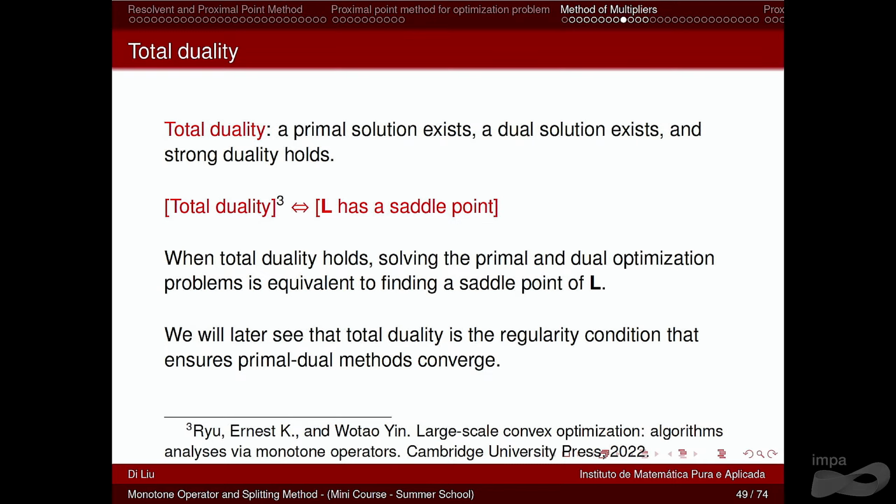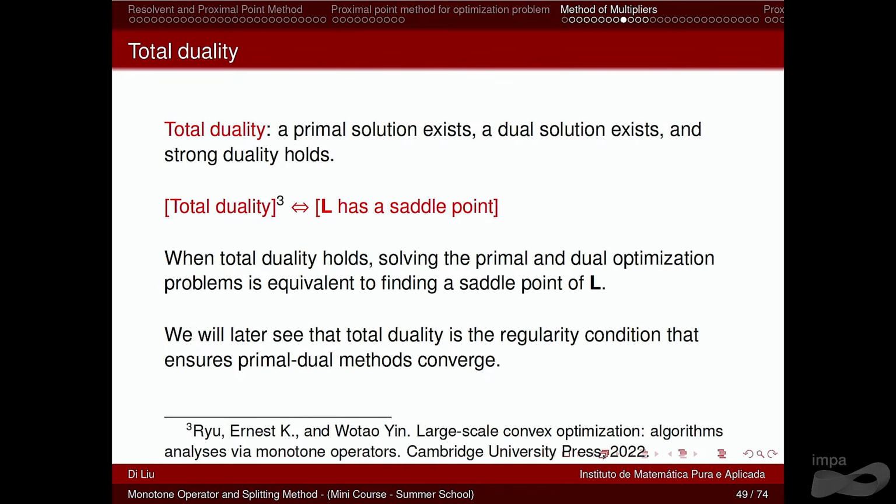So why should we mention this total duality? Because if total duality holds, solving the primal and dual optimization problems is equivalent to finding a saddle point of the convex-concave function L. If you have a good method for solving saddle point problems, it's better to solve the saddle point problem instead of the optimization problems.